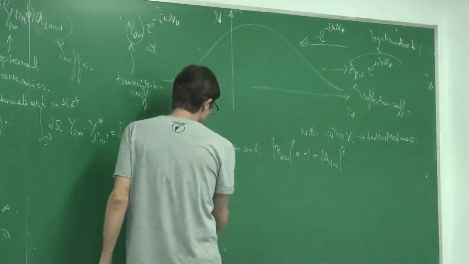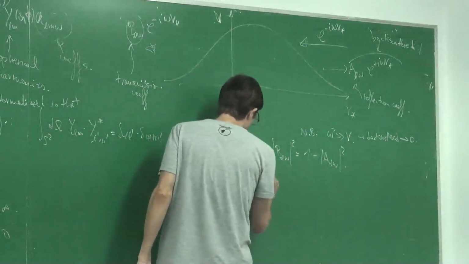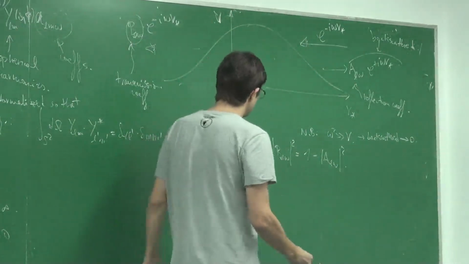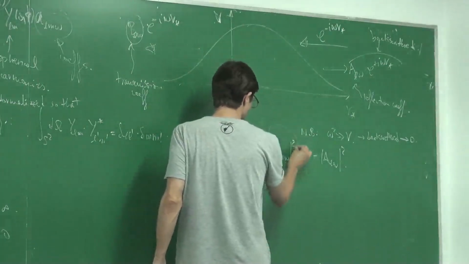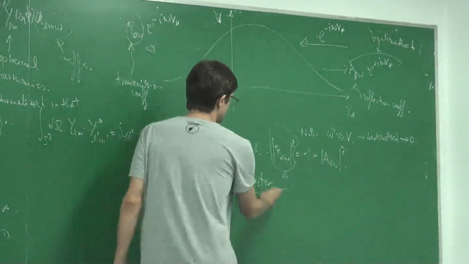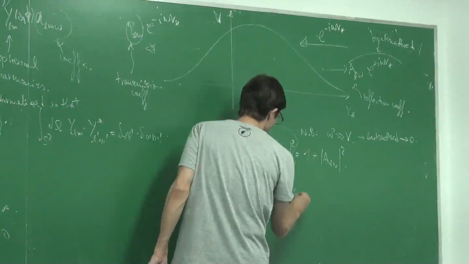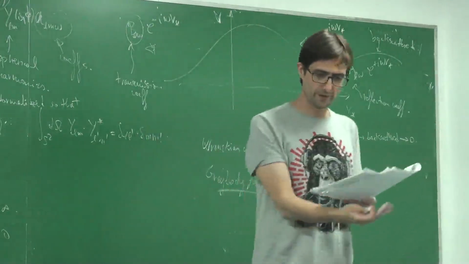And for later on, what's going to be important is the so-called greybody factor, which is just this squared. It's called gamma L, the so-called greybody factor.